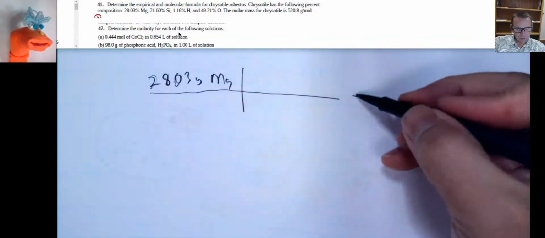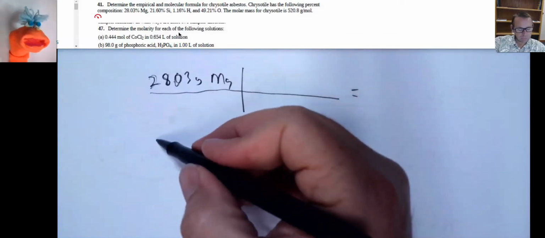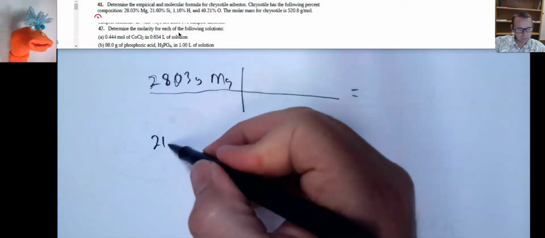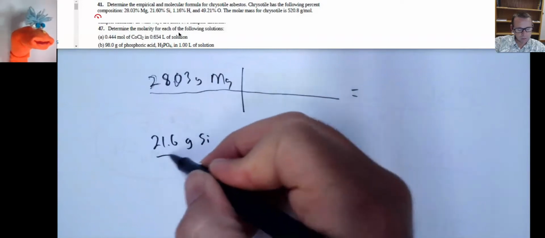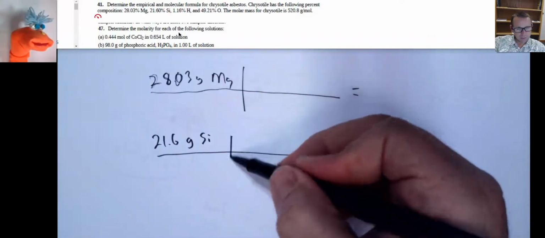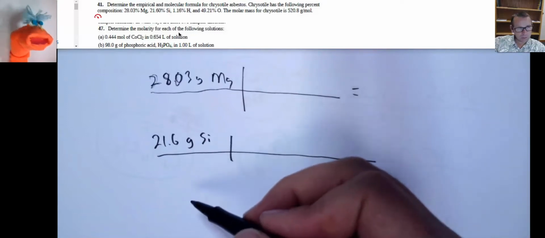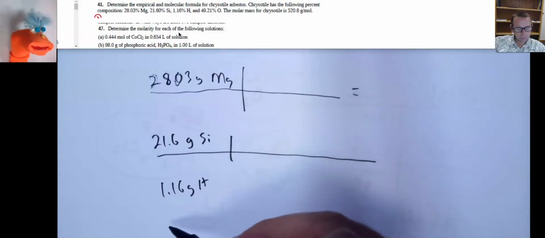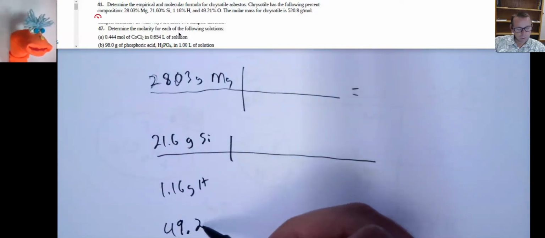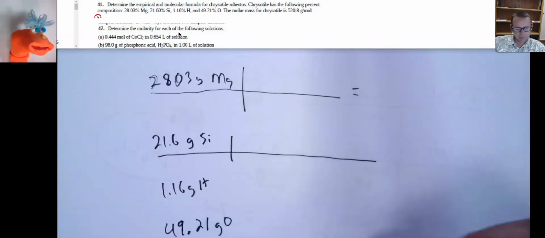And then what's the next one? 21.6 grams of silicon. And then next? 1.16 grams of hydrogen. And then 49.21 grams of oxygen. Okay, there you go.